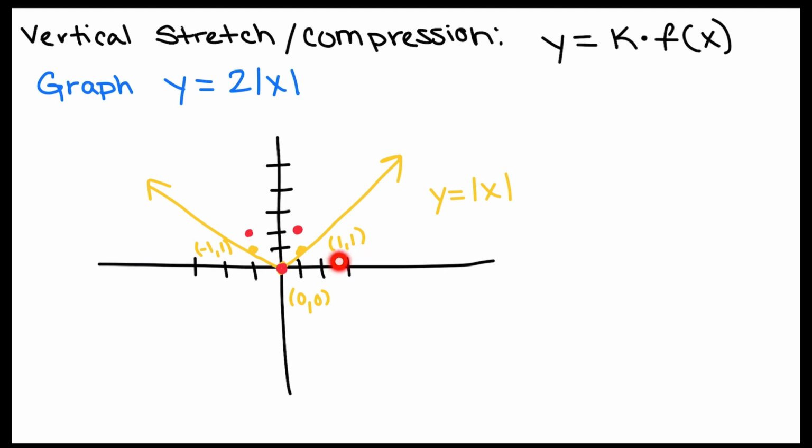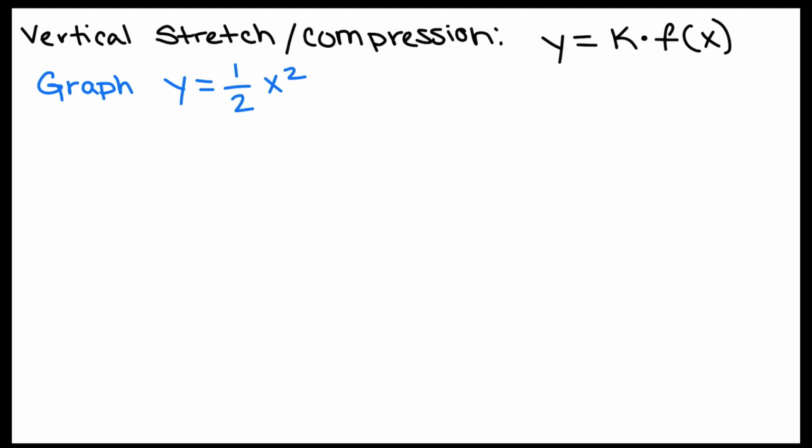However, the point 1, 1, if I take that y value and I double it, that becomes the point 1, 2. Something similar happens with the point negative 1, 1. I take my y value, multiply it by 2, it moves up to negative 1, 2. And then if I connect the dots, there's my graph. I have the same basic shape. It still looks like a V, but it has been vertically stretched by a factor of 2. It looks a little bit skinnier because it's been stretched out.